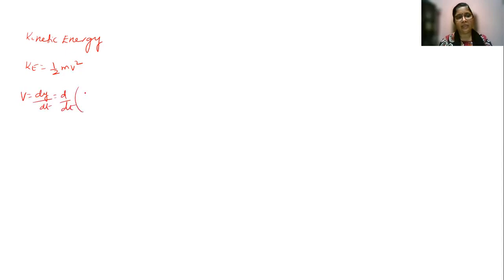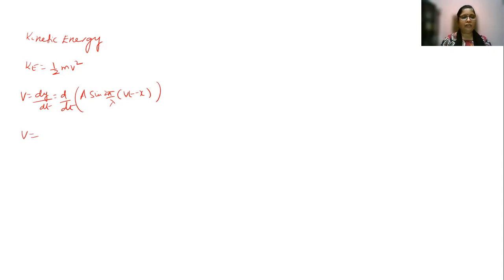Having this equation, I am now going to find the expression first for kinetic energy. You know kinetic energy is equal to half m v square. Let me start with finding v. v is equal to dy by dt, or d by dt of a sin 2 pi by lambda (vt minus x).